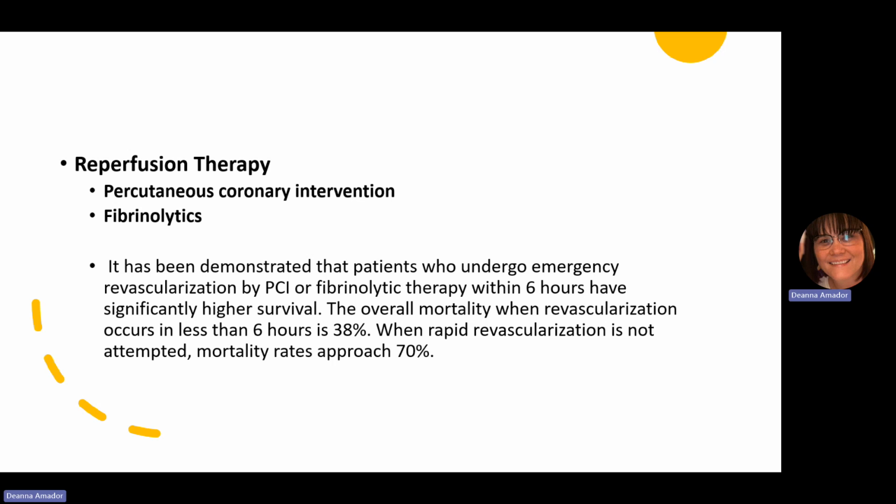Okay, so basically the big takeaway is we want to do some type of reperfusion therapy. So we will either look at doing a PCI, which is percutaneous coronary intervention. It's kind of an umbrella term for stent placement or angioplasty, which I will go into.